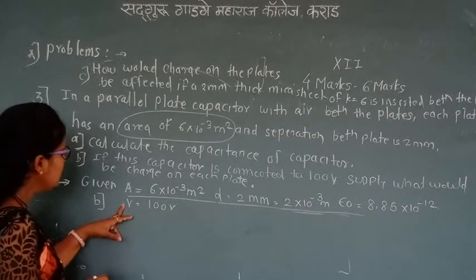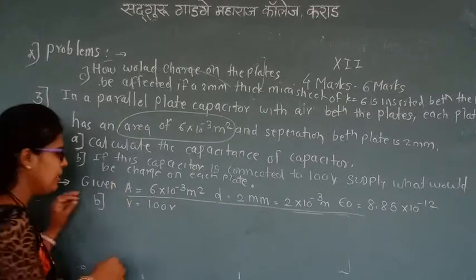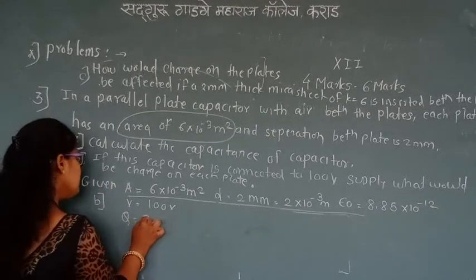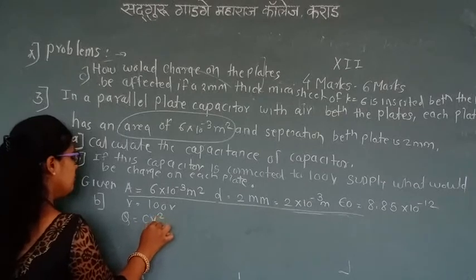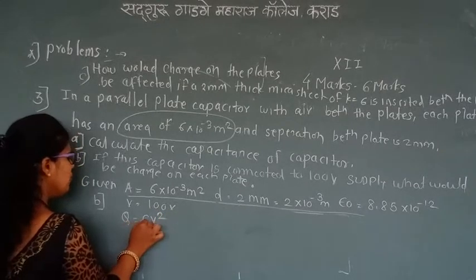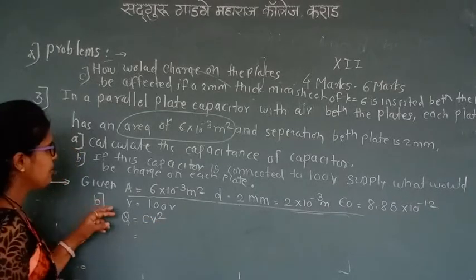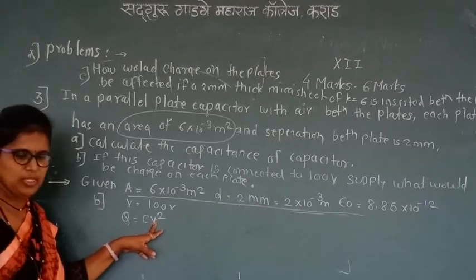Therefore, we have to calculate the value of Q, where Q = CV. This formula we also have to know. C means the capacitance of the capacitor, and V is given.